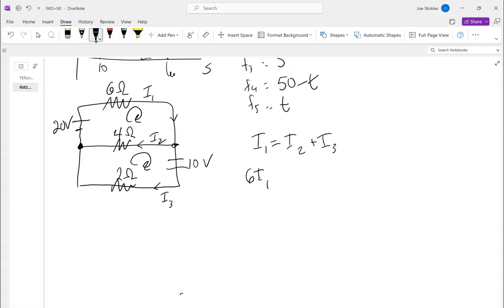Coming around this way, we're still going in the right direction for the current, right? What would the voltage drop be there? 4I2, and we'll add that. And that's the last voltage drop that we have. And this orientation that we have going around clockwise is going from positive to negative, right? So that should equal the voltage gain, which is 20.